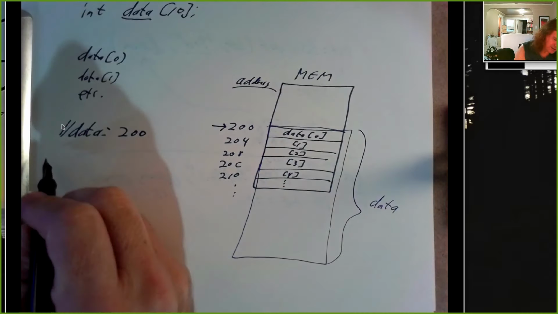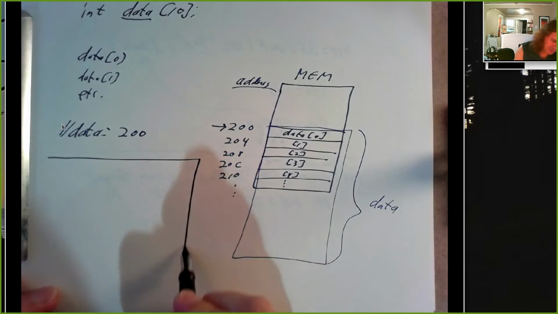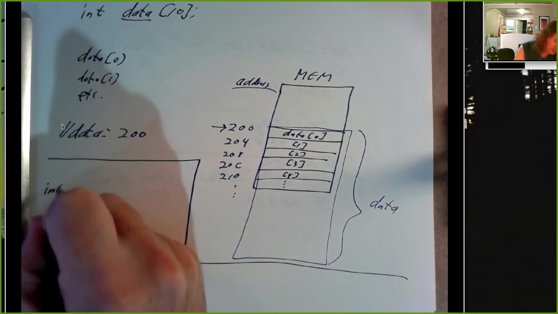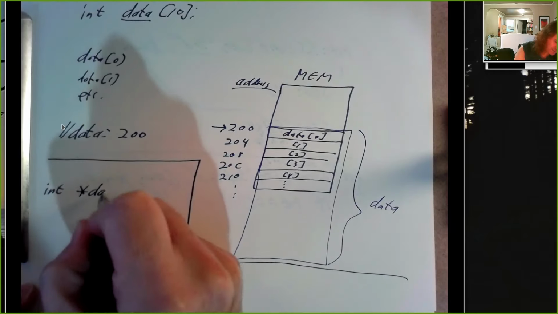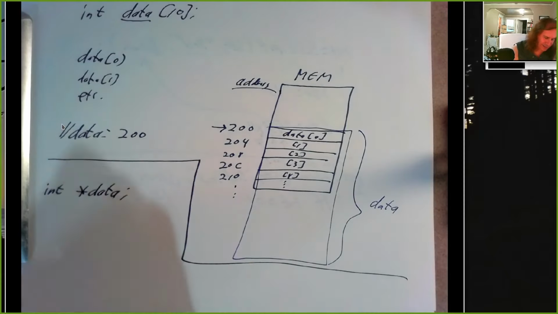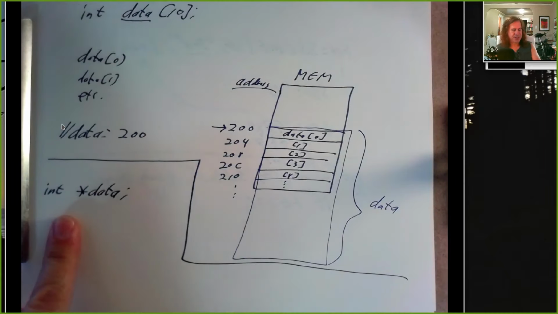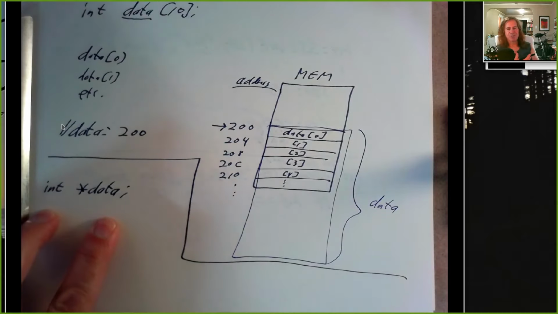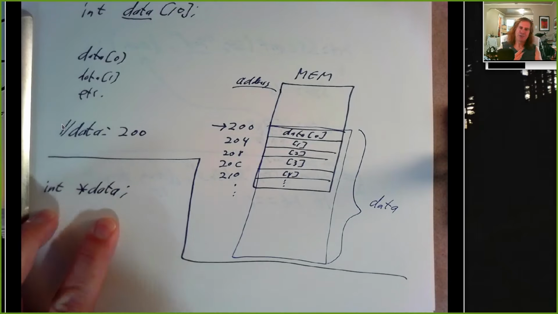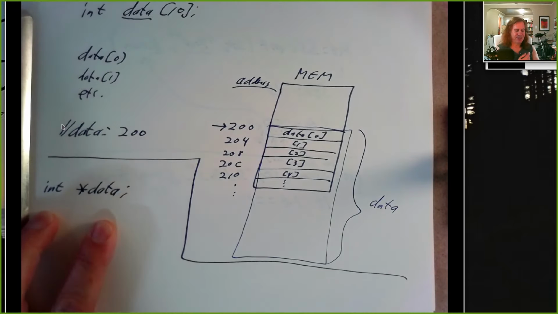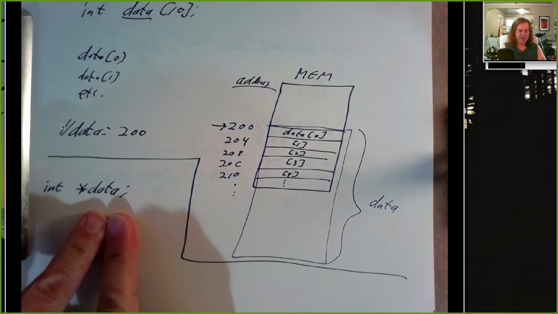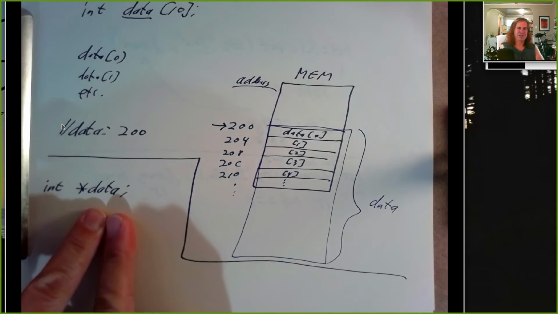Now, the other thing we can do in C is we can have pointers. If I make a declaration like this, I'm telling the compiler data is going to be something like an integer, right? It's a big integer, but I want it to hold an address, not an actual integer value. The fact that I said int here has nothing to do with what type of thing data is.